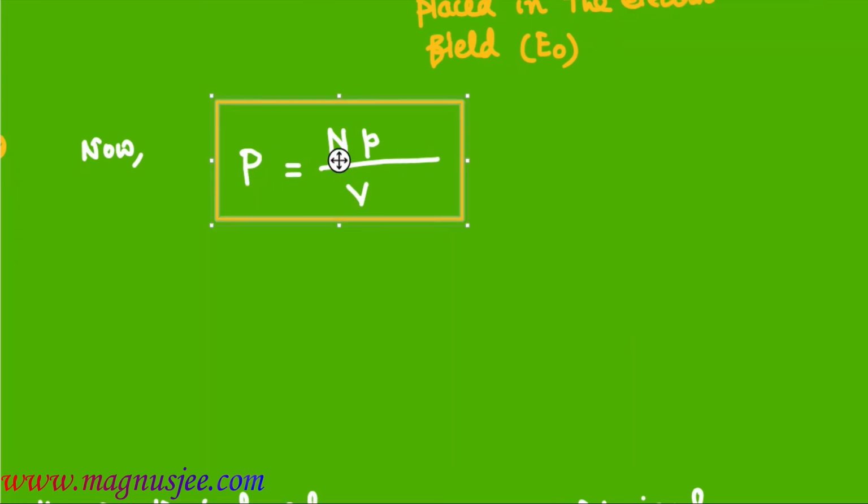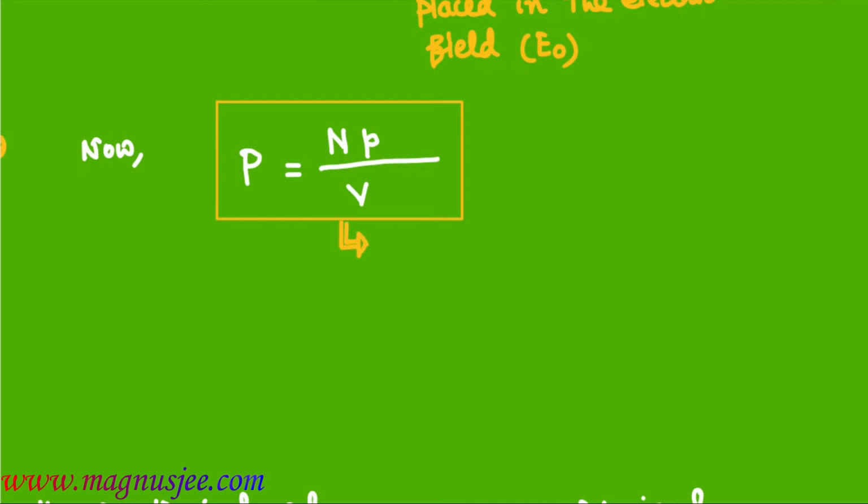Now, capital P equals N dot small p divided by capital V, where small p is the induced dipole moment in each molecule of the dielectric material, V is the volume of the dielectric material, and N is the total number of atoms of the dielectric material.